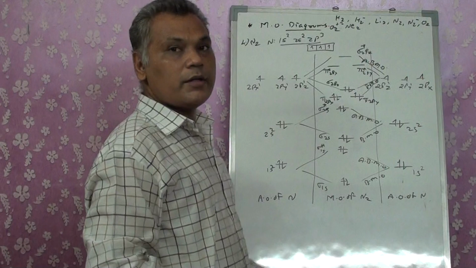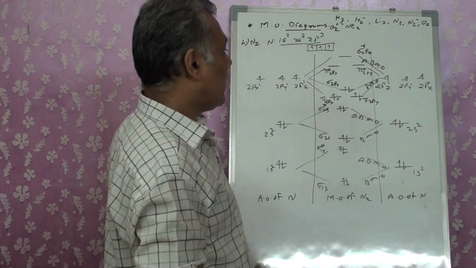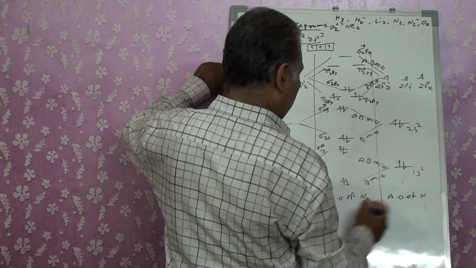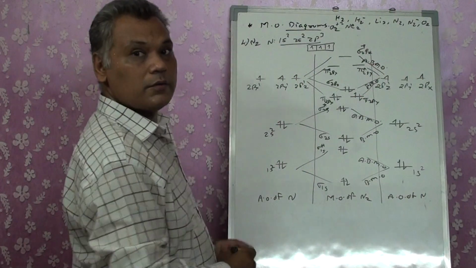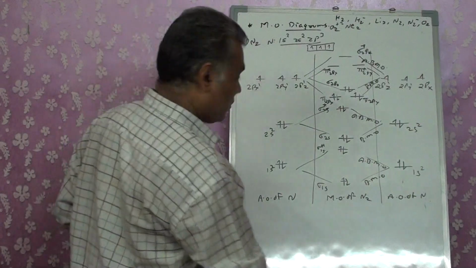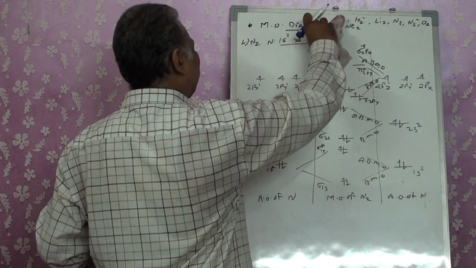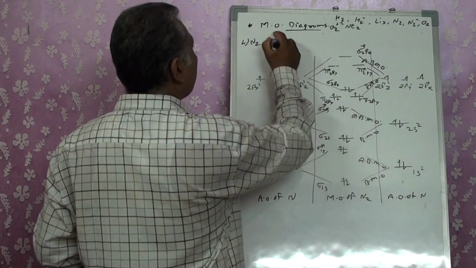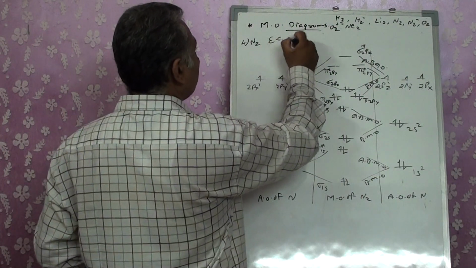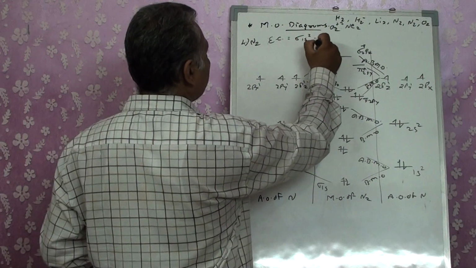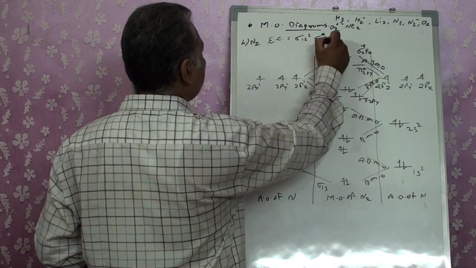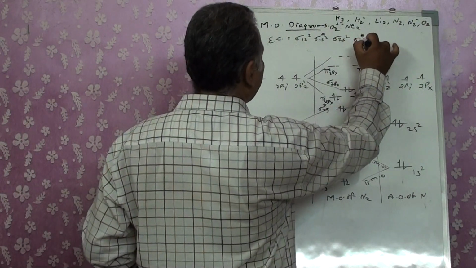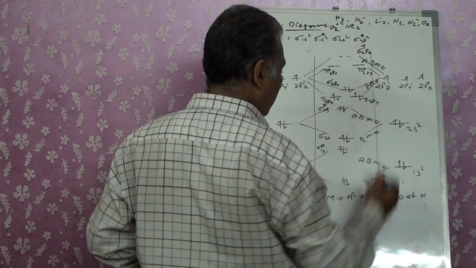Now I want to calculate the configuration of N2. Now if I want to write the configuration of N2, what will happen? I will erase it. For electronic configuration, you will get sigma 1s2, sigma star 1s2, sigma 2s2, sigma star 2s2, right?